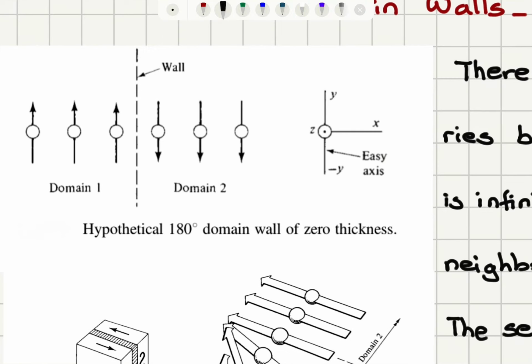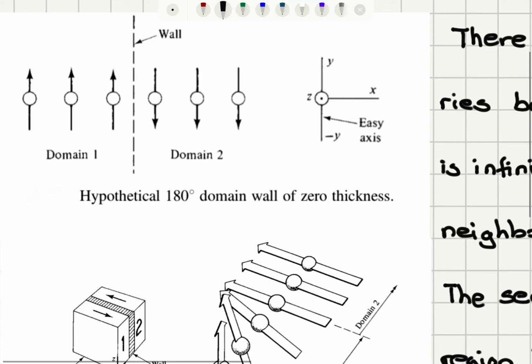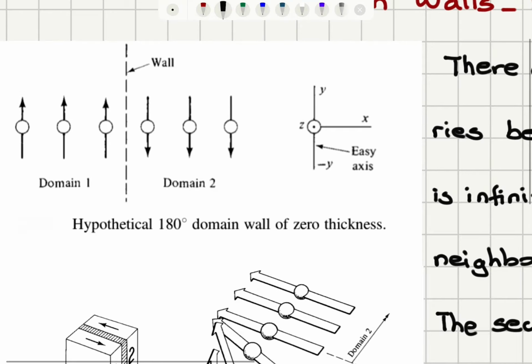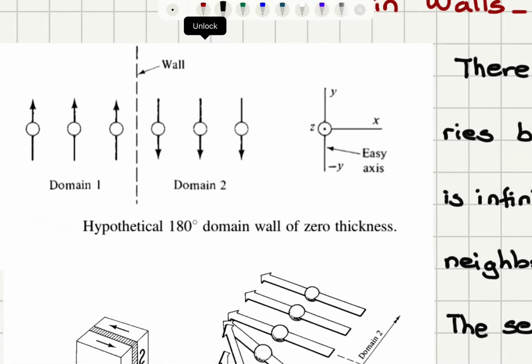So what is deriving this type of configuration? Well, we have an easy axis. Let's say the easy axis is as shown here. It's the y-axis. So the anisotropy energy minimization requirement basically drives this type of configuration. On the other hand, this is going to cost exchange energy.